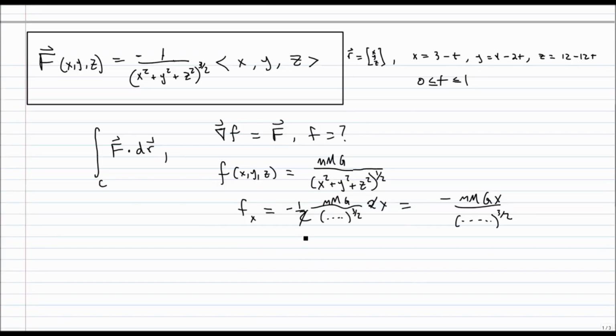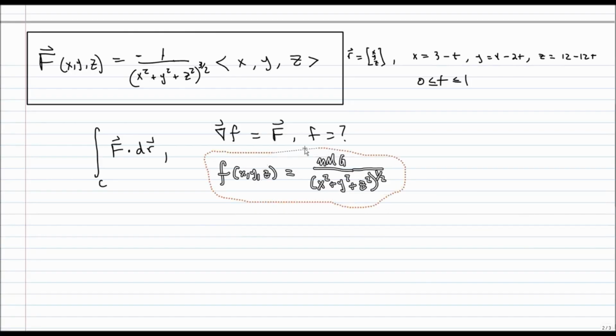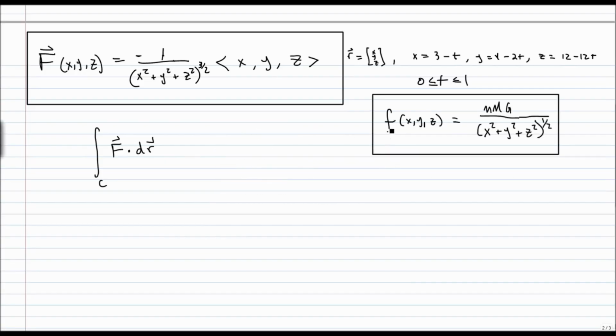So I'm not going to bother going through to show you f sub y and f sub z, but hopefully you take my word for it that this little f right here is what they call the potential function. Okay, so since we said that the gradient of little f is big F, then we can rewrite this.